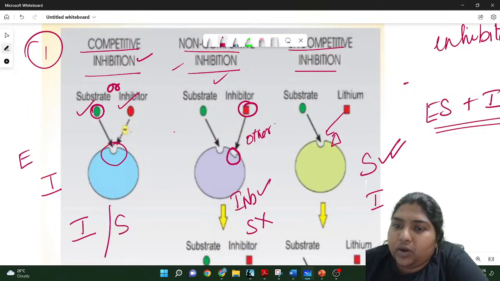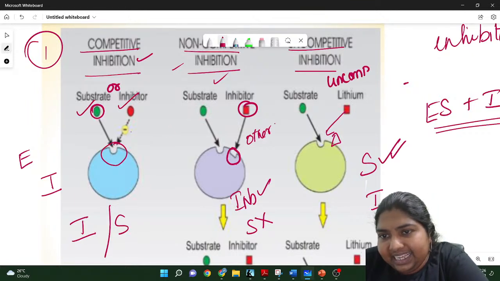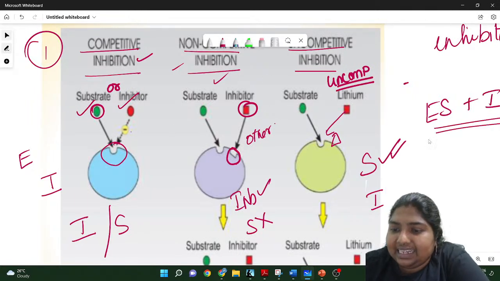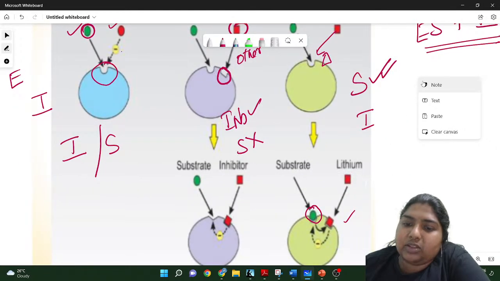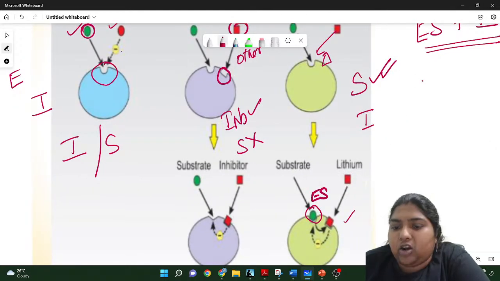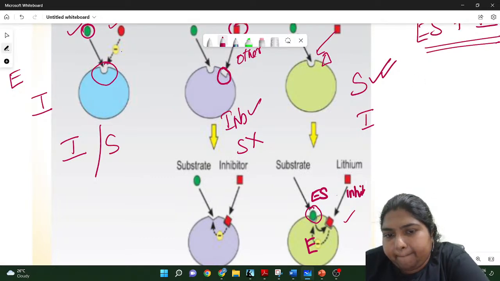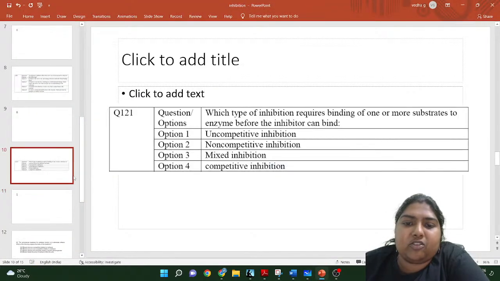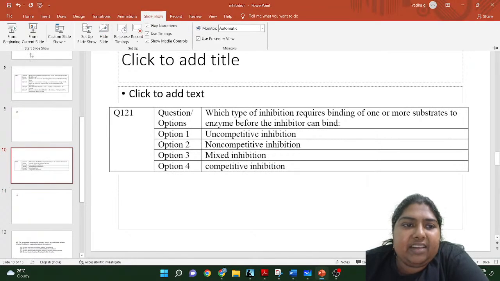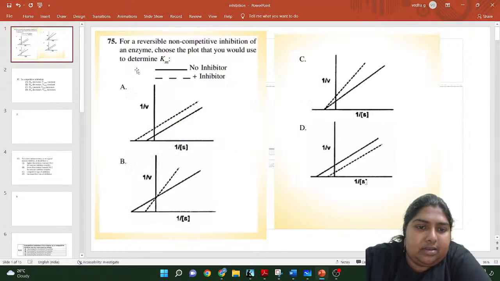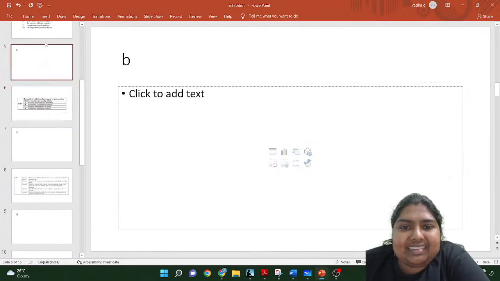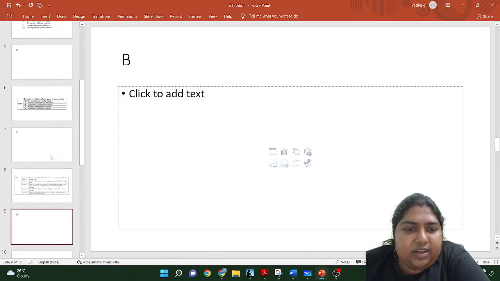But in the case of the uncompetitive inhibitor, it is not binding directly. Where is it binding? It is binding to the enzyme substrate complex. This is the enzyme, this is the substrate, and the inhibitor binds only to that. Now you got the point of why it is uncompetitive inhibition. Is it clear why this is the correct answer? All right, fine, everybody.